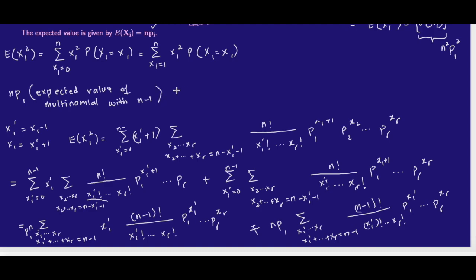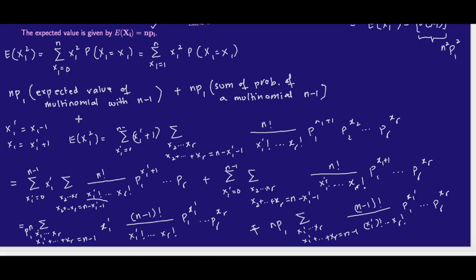The second one is what? The sum of probabilities of a multinomial, and again n minus 1 is the parameter here.